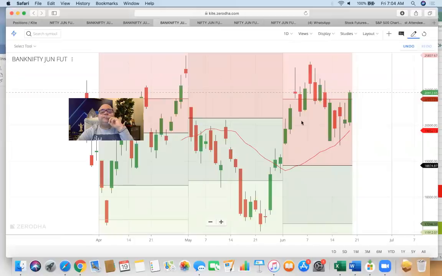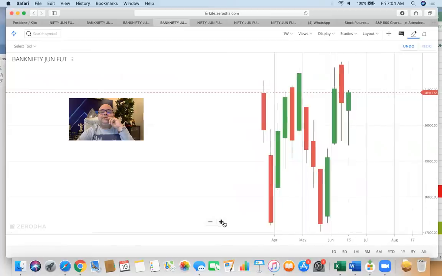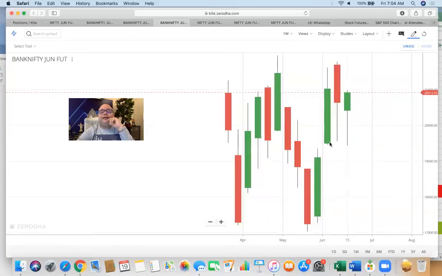Similarly, this is the weekly chart of the Bank Nifty. Again, what we can see is from lower levels, it has recovered, and I would think it could close at the high point of the day.